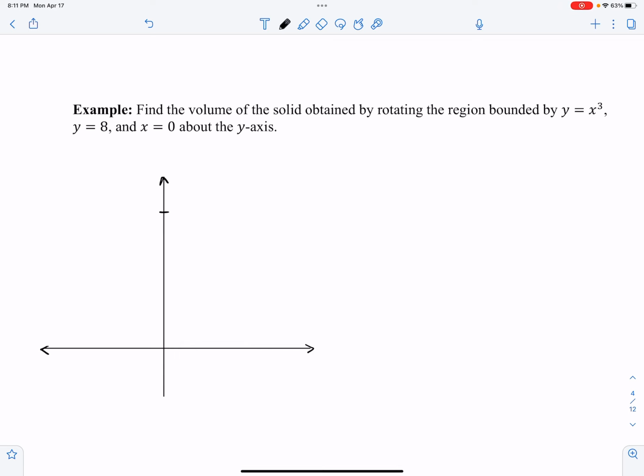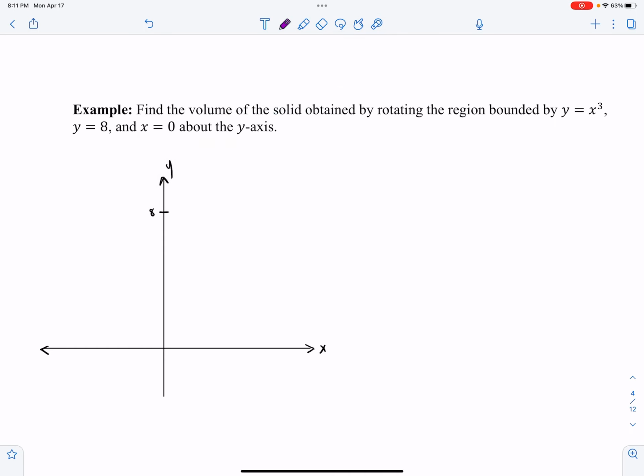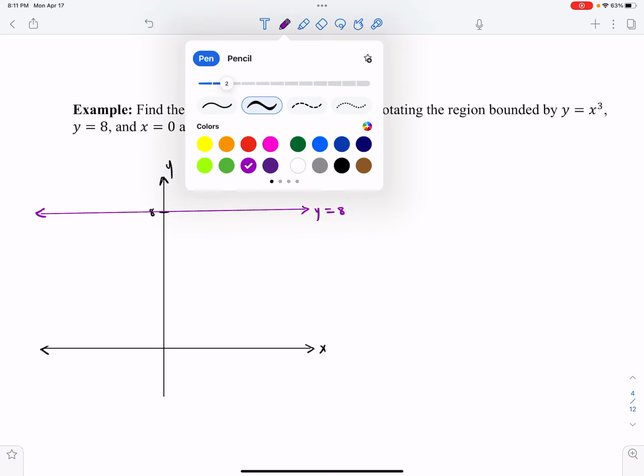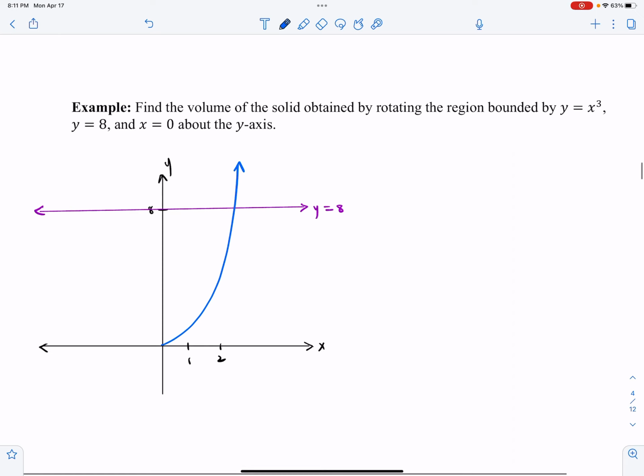Okay, so let's say that this is 8. We have our x-axis, our y-axis. We have y equals 8, and 1, 2, so that's y equals x cubed.